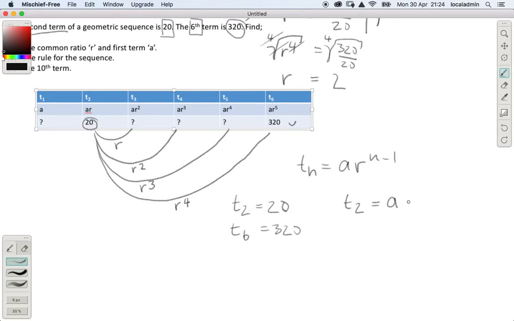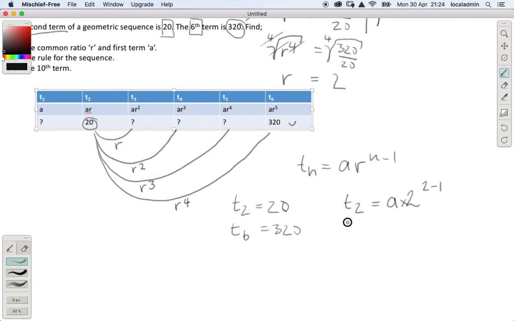a is the unknown. We multiply by 2, which we've just found, that's our r, and we do 2 to the power of 2 minus 1, because remember that's n. That n is the same, so if we make n equal 2, then we need to make n equal 2 up here as well.